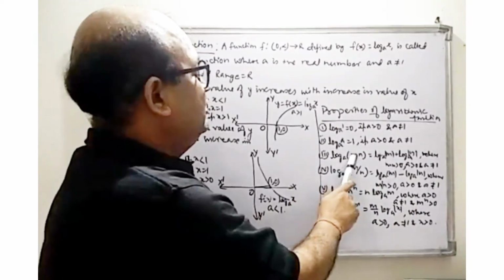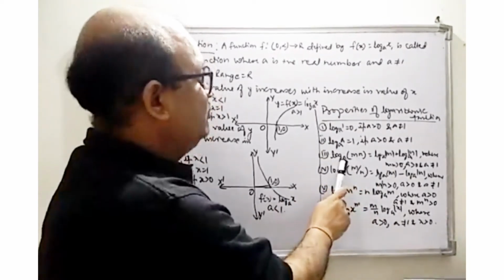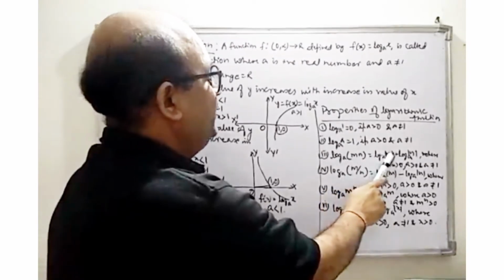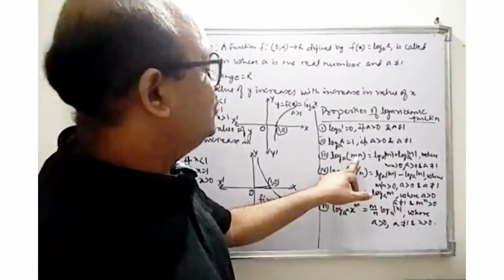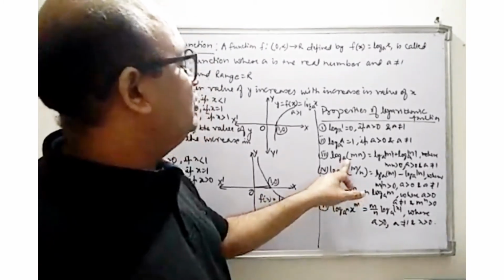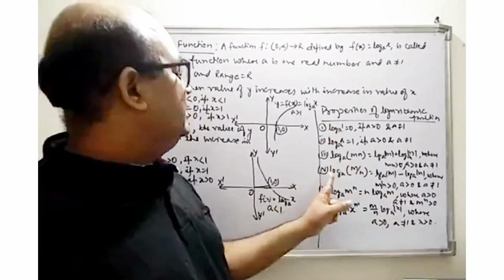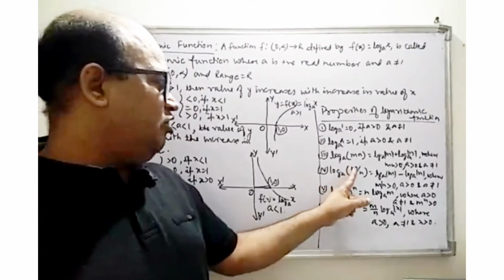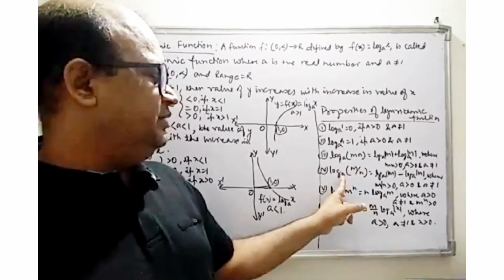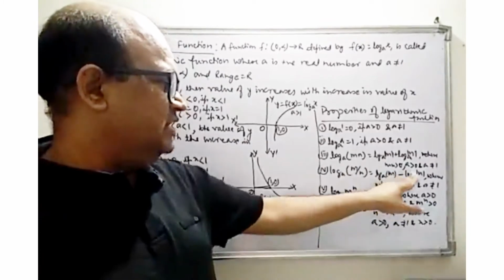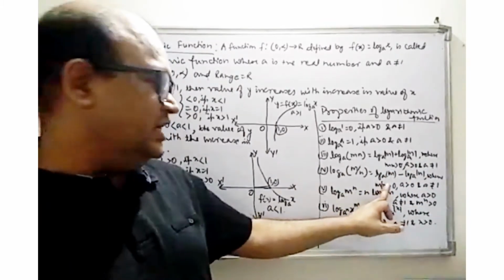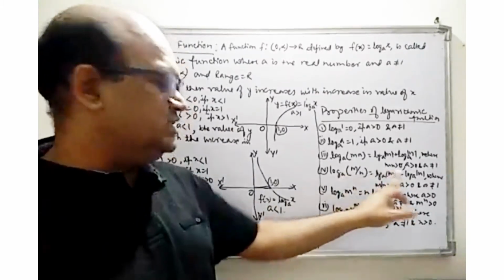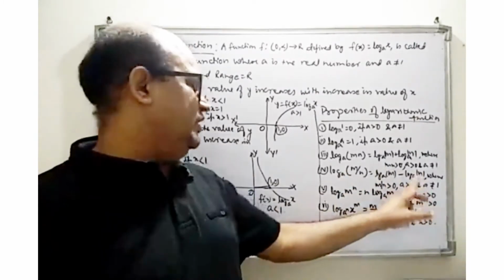Now, log mn to the base a, the product mn, equals log m plus log n, where m and n are also greater than 0, a is greater than 0, but a is not equal to 1. Next is the quotient, log m upon n to the base a, that is log m minus log n, where m by n is greater than 0, a is also greater than 0, and a is not equal to 1.